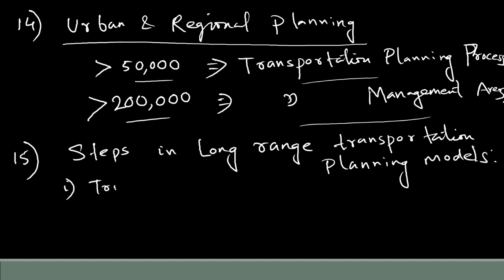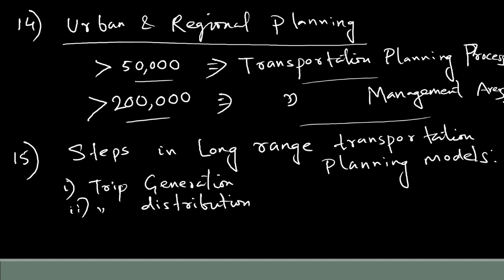One is trip generation, second is trip distribution, then the third one is mode split. What will be the different modes, whether they will take transit or personal cars? And the last is trip assignment.